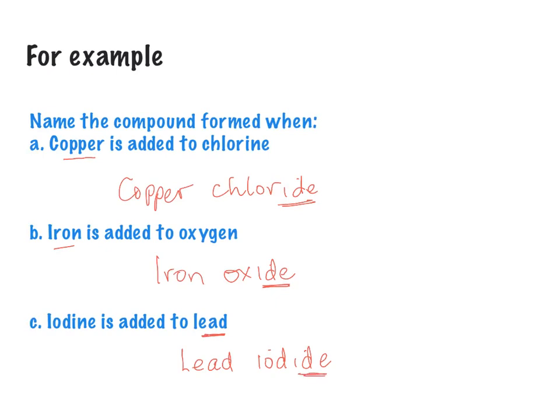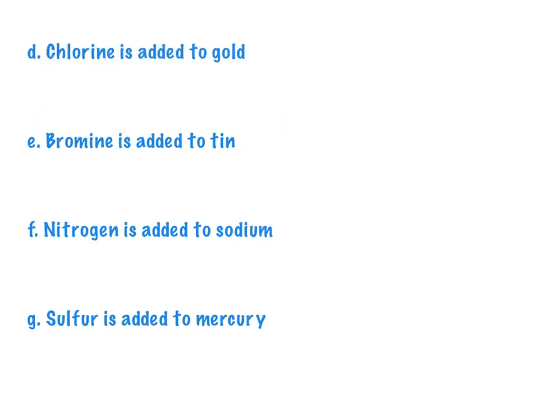I hope you are seeing this and getting this okay. To continue, we've got chlorine is added to gold. Alright, I'll give you a bit of time now to go through and answer it. Okay, our answer, the metal is gold. And then we have chlorine, doesn't stay as chlorine, it becomes chloride. Right, next one.